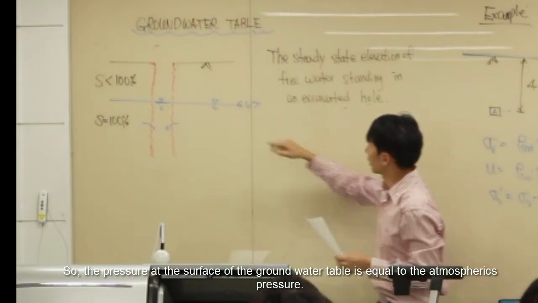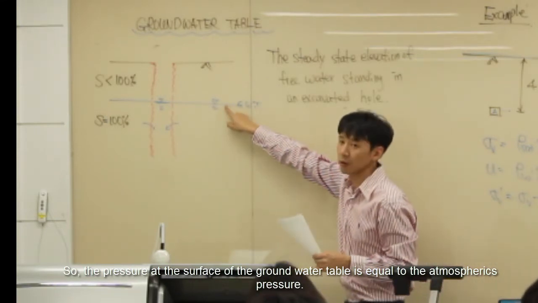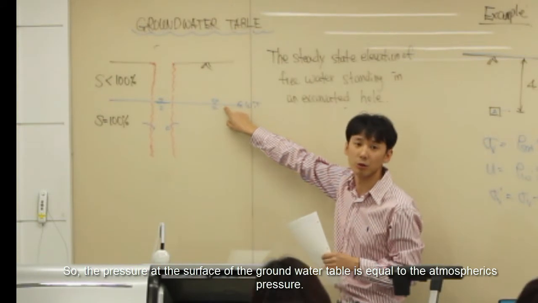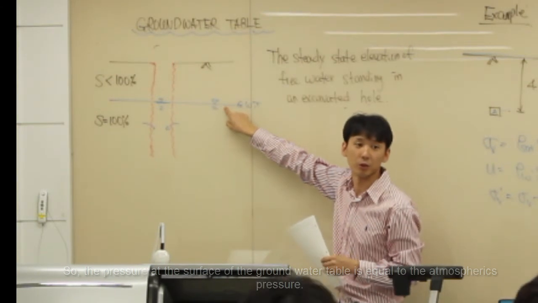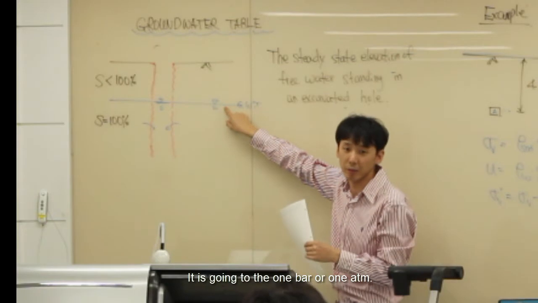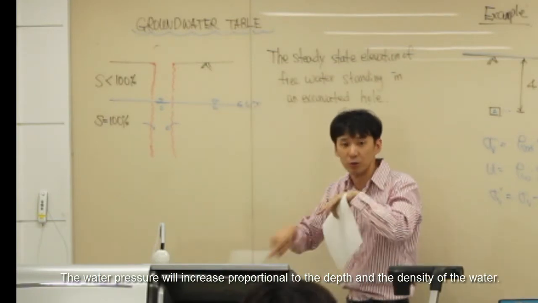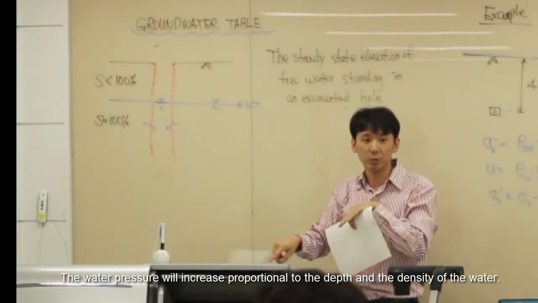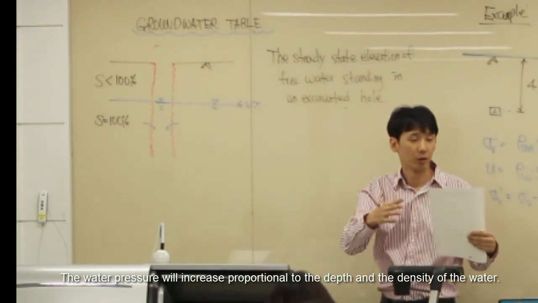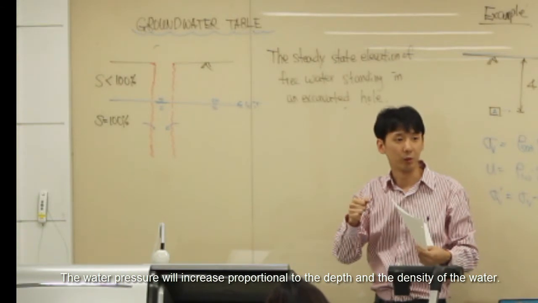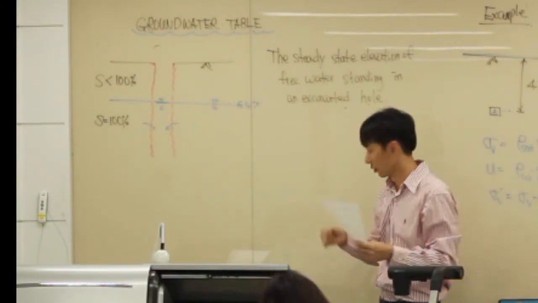The pressure right at the groundwater table is equal to the atmospheric pressure, 1 bar or 1 atm. And as you go deeper, the water pressure will increase proportional to the depth and the density of the water.